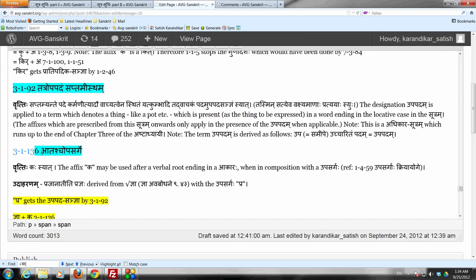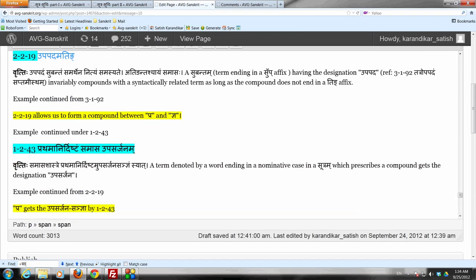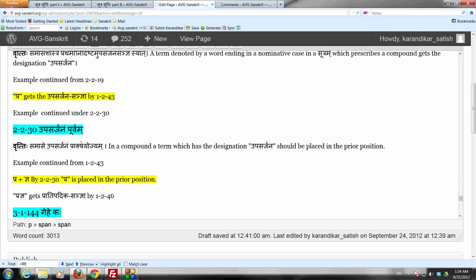It will be a different sutram depending on what kind of samasa we are forming, but it will still always be in the upapada samasaha. It will be a sutram which prescribes a krit pratyaya, based on the condition that an upapadam is present in composition. And then we will always use upapadam ating, then prathama nirdishtam samasa upasarjanam, and then upasarjanam purvam.